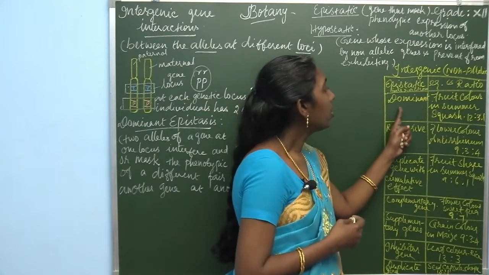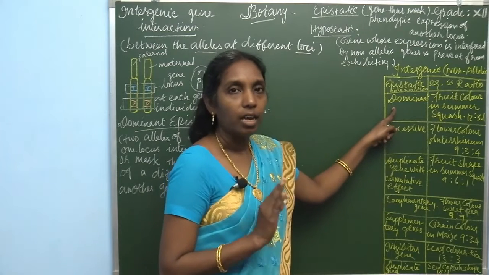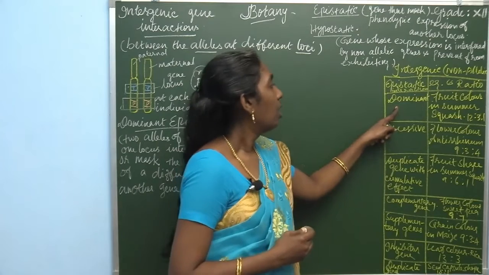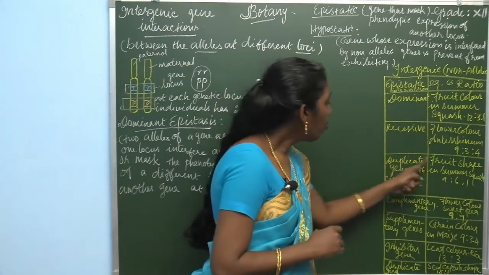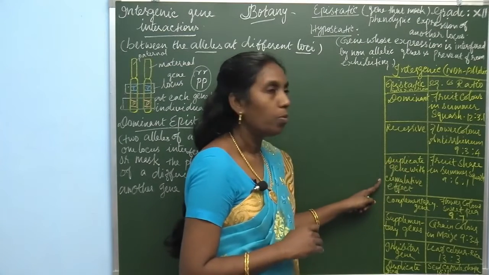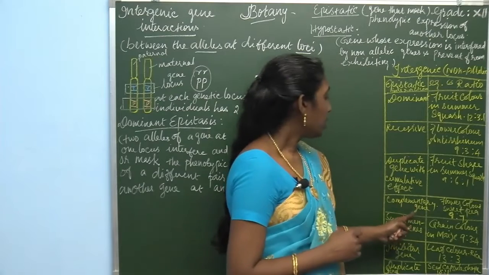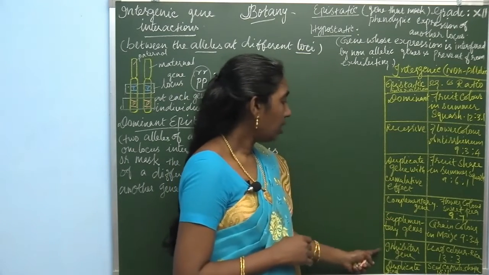Number one, dominant epistatic interaction. Then recessive epistatic interaction. Duplicate gene with cumulative effect. Complementary gene interaction. Supplementary gene interaction.